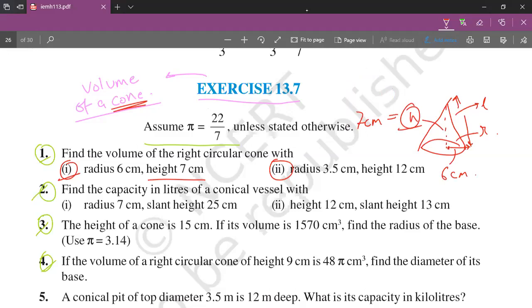Then we look if the units are equal or not. Centimeter and centimeter are equal. If it had been centimeter here and meter there, then conversion would need to take place, but in this question it is not needed. So let's move ahead. We will solve this question. For the first part of the first question, we will draw a cone.